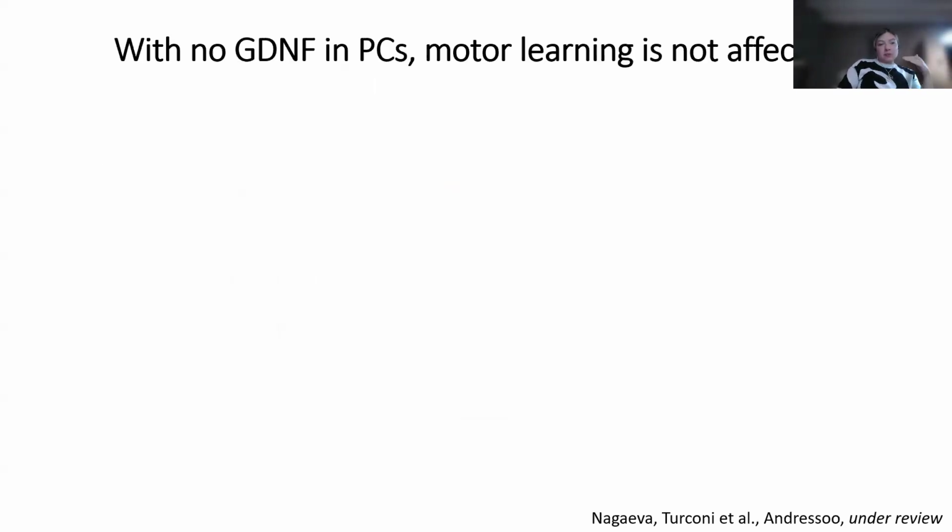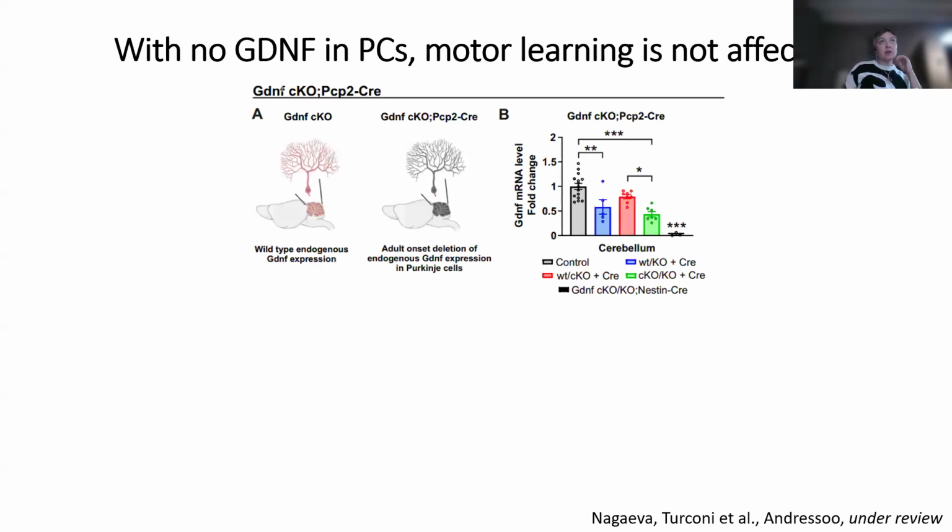Another important thing which our paper shows is that with no GDNF in Purkinje cells, motor learning is not affected. We made these knockout animals, specifically in the Purkinje cell, so now we don't have any GDNF in Purkinje cells. This is the GDNF mRNA level fold change in the whole cerebellum tissue. As we see here, we don't see the full deletion of GDNF because granule cells still express it.